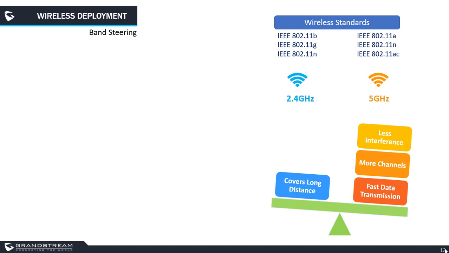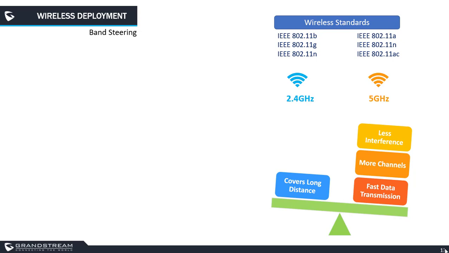It's very rare these days to find any device that only supports that standard. But in case you have devices using that standard, you still need to go to the access point and enable this standard so that those devices can still connect to the GWN access points.